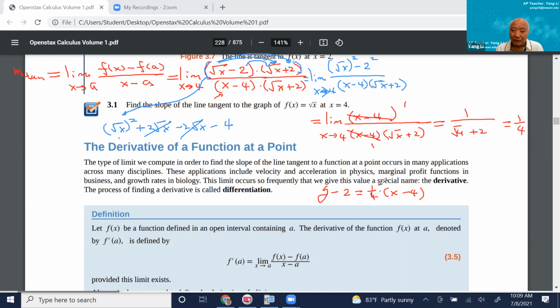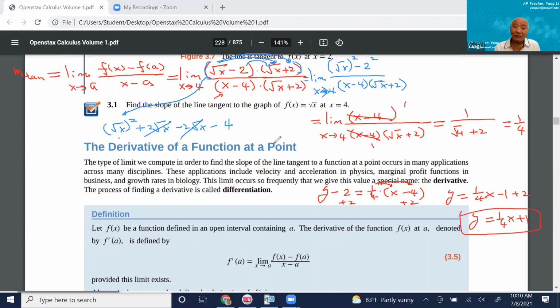So you can distribute it in and add 2 on both sides. You will get y equals 1/4 x minus 1. So this one times this one, 1/4 times -4, so -1. And then you plus 2. Finally, you can get y equals 1/4 x plus 1.